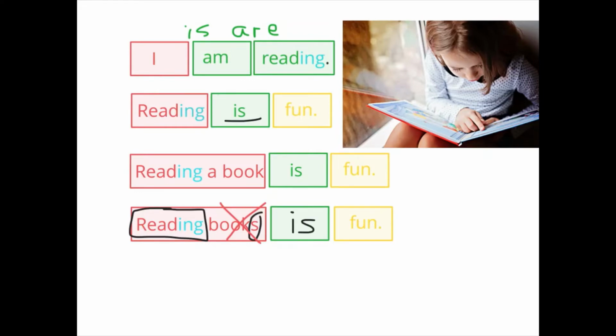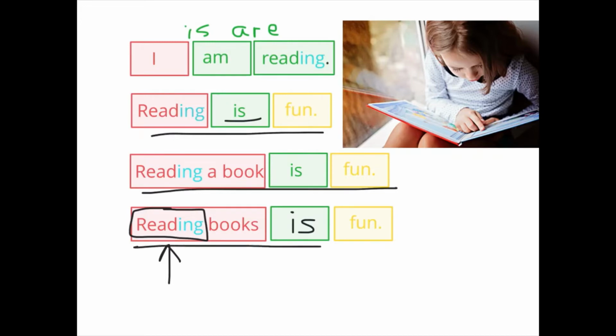Reading books is fun. So let me get rid of this. We can read our sentence. Reading books is fun. Because it is not the books that is fun, it is the act of reading those books. So reading is fun. Reading a book is fun. Reading books is fun.